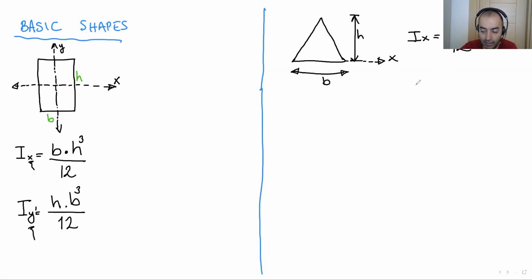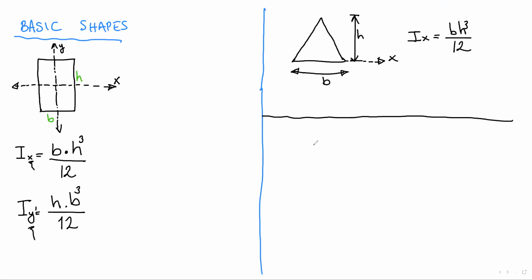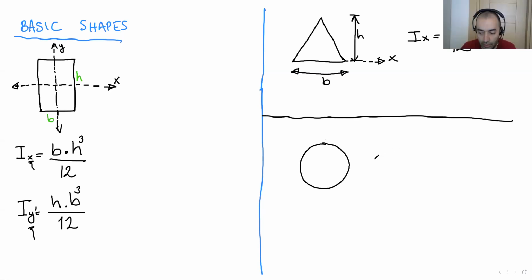And the last basic shape for us is the circle. Here we have a circle, and we have a radius which defines the circle, R. Ix, right here, X and Y axis.